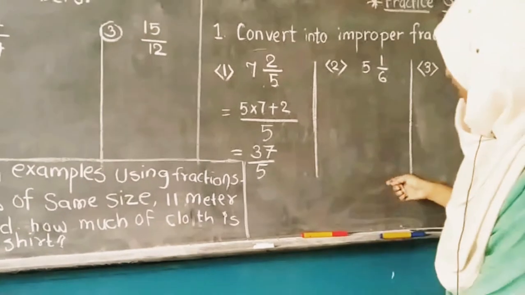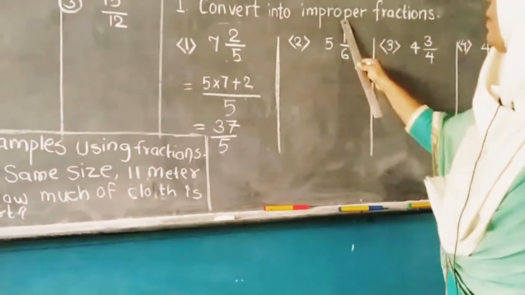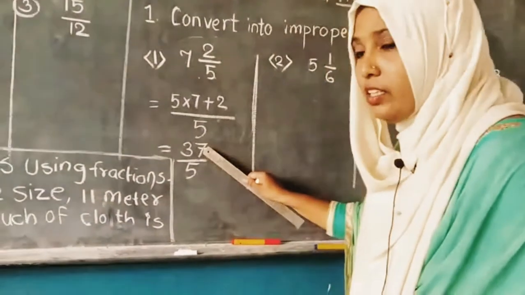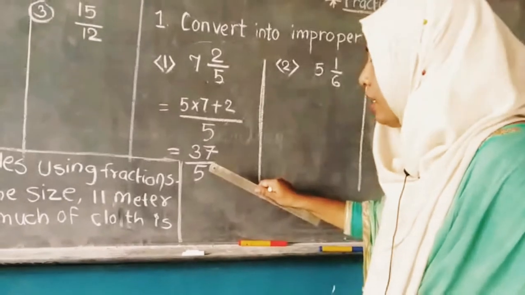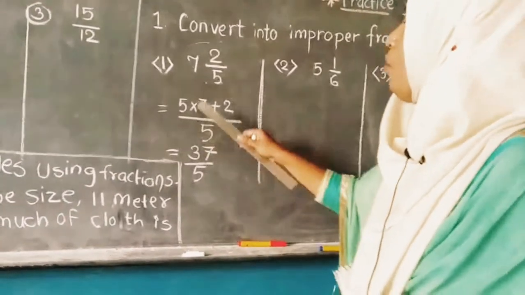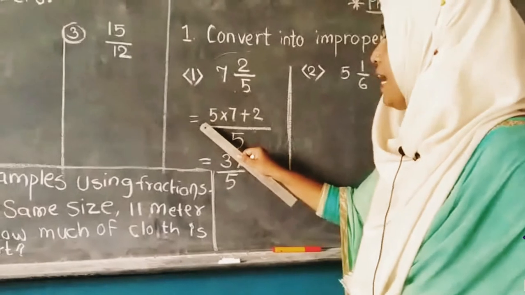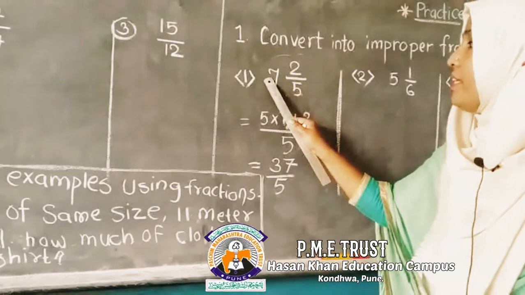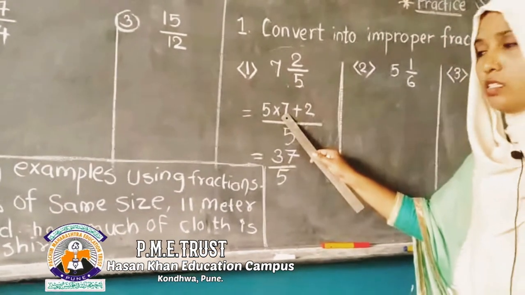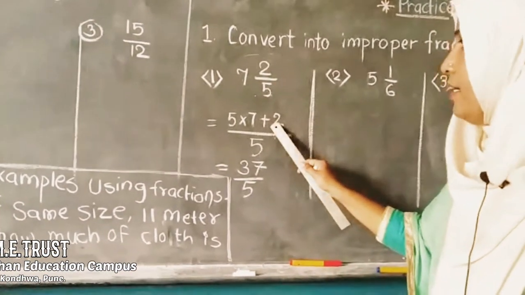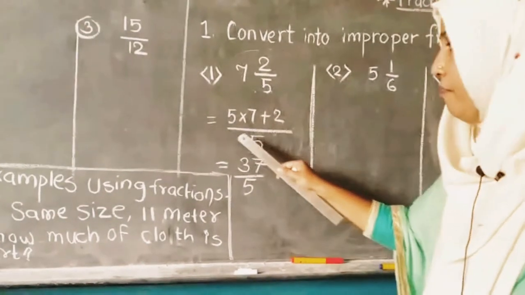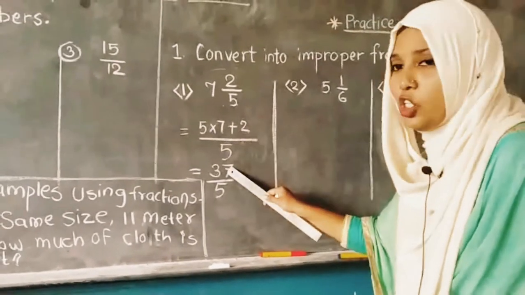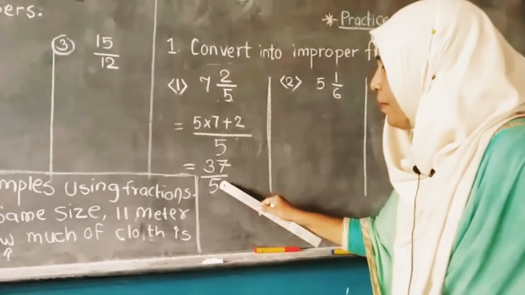Okay. See here once more. First question: convert into an improper fraction. Improper fraction means the numerator is greater than the denominator. First, what you have to do in this example, you multiply the denominator, 5 multiplied by 7, plus 2, and write the same denominator 5. 5 sevens are 35 plus 2, how much? 37. 37 upon 5.